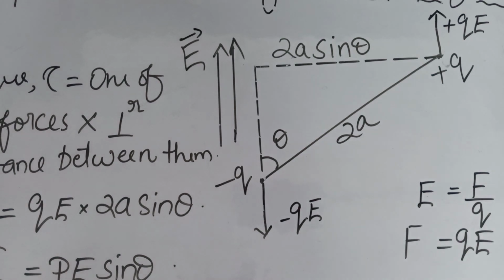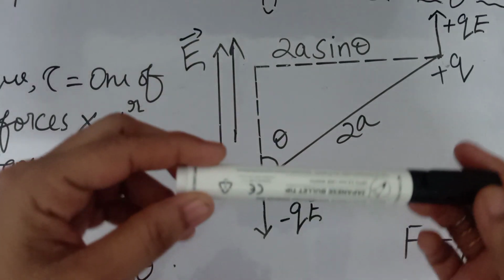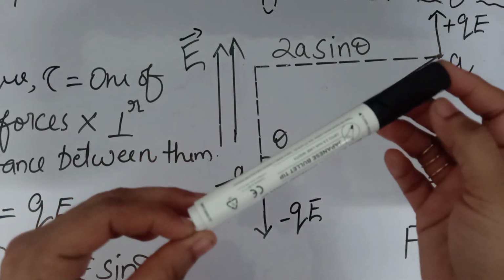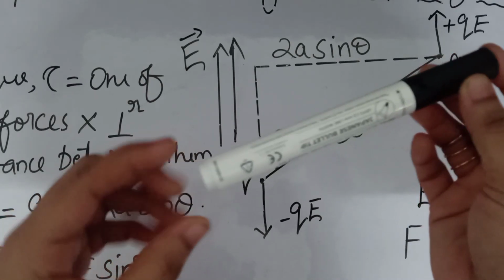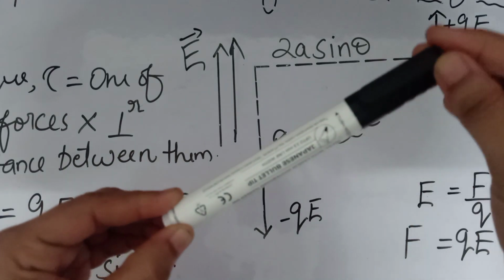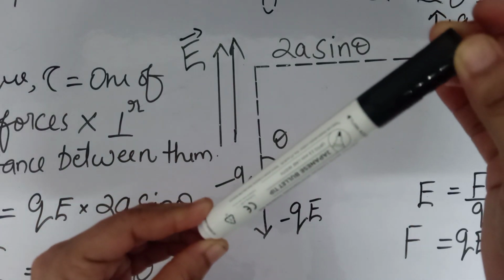But what about the torque? What is torque actually? Torque is one of the forces into the perpendicular distance between them. We can do it easily in this case. So suppose we are taking this. This is our dipole. Okay, these two ends are there and one side is positive and the other side is negative. And suppose this force is acting upwards and this is acting downwards.